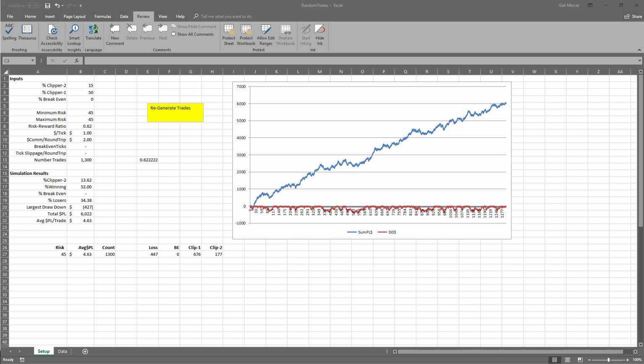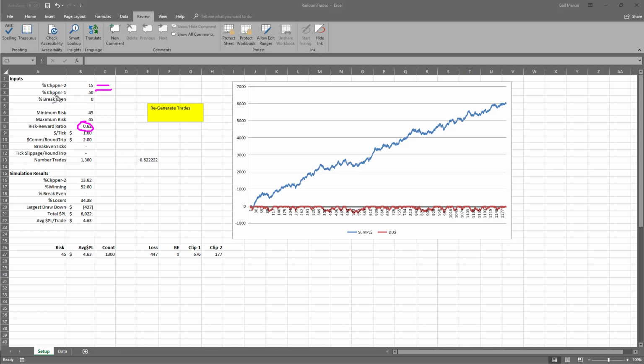Now, on this spreadsheet, you can see that the winning percentage at what is called Clipper 1 is 50 and Clipper 2 is 15. What does that mean? Well, you have to look at the risk to reward ratio that I have in here, and I have 62.